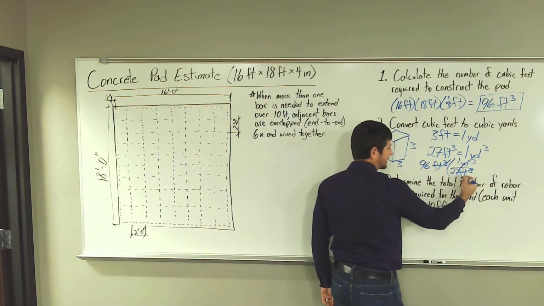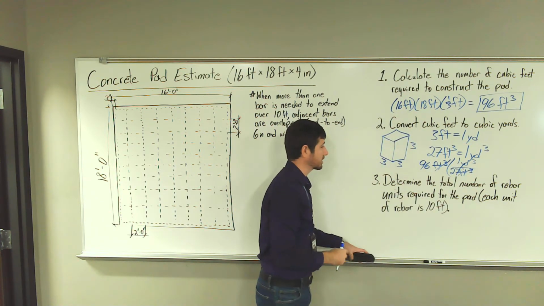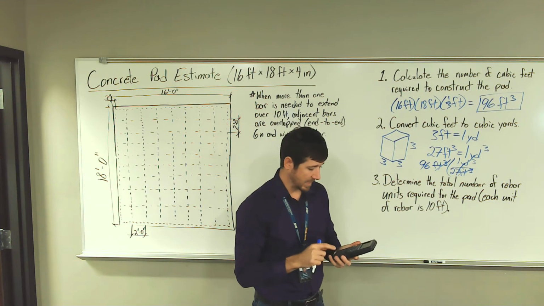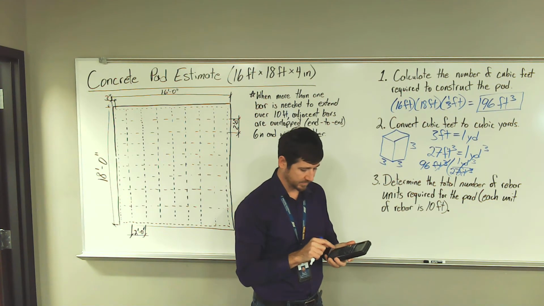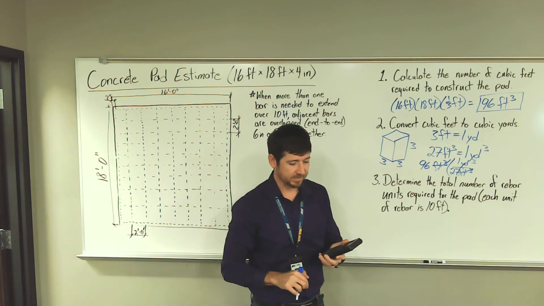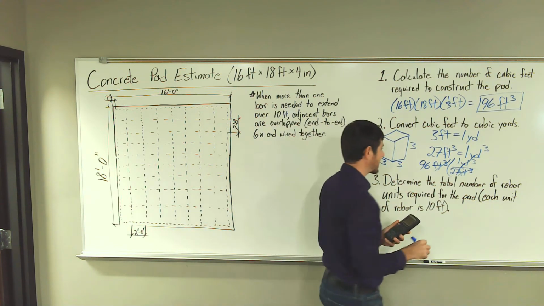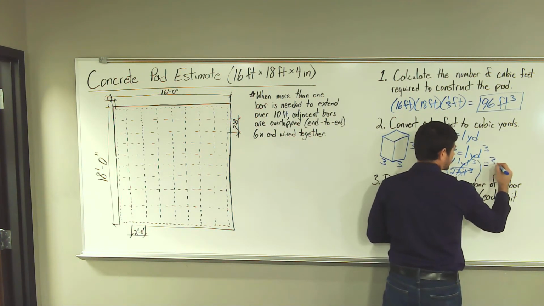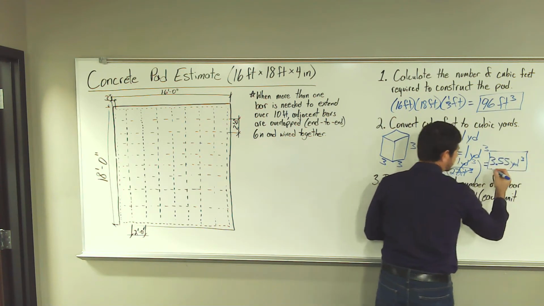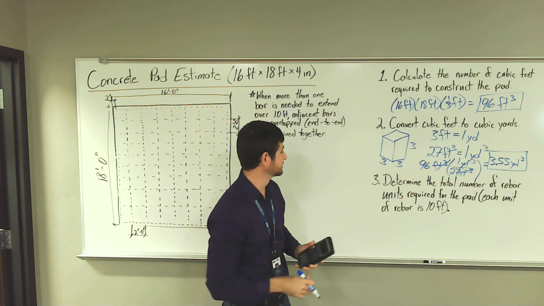My units of cubic feet will cancel. So on our calculator, let's do 96 divided by 27. This is going to give me 3.55 cubic yards. Okay, and that is number 2.